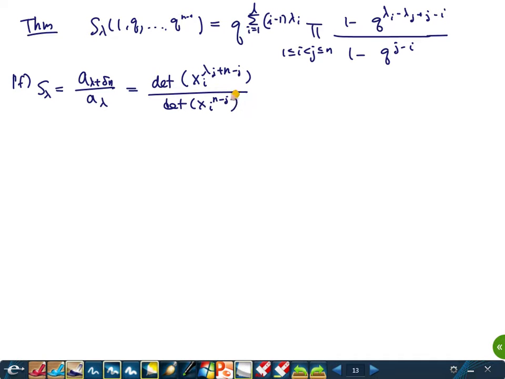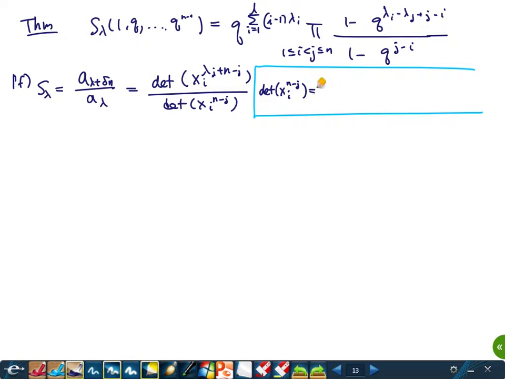This is the Vandermonde determinant. We only need to compute the other one. So let me recall the Vandermonde determinant here. Determinant of x_i to the n minus j is equal to the product of (x_i minus x_j), where i is less than j.